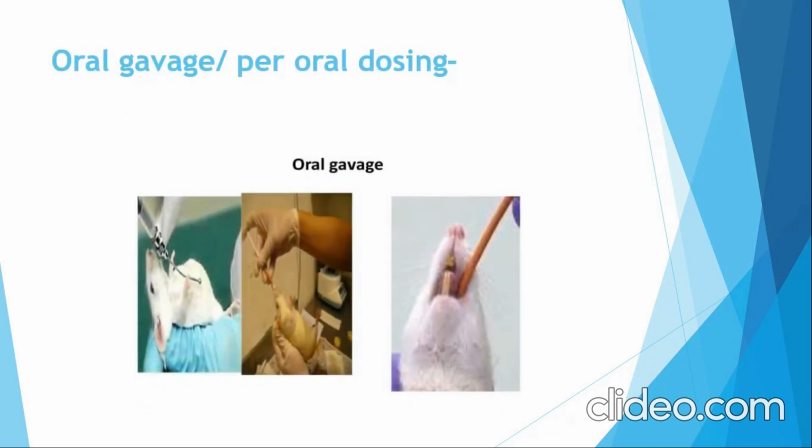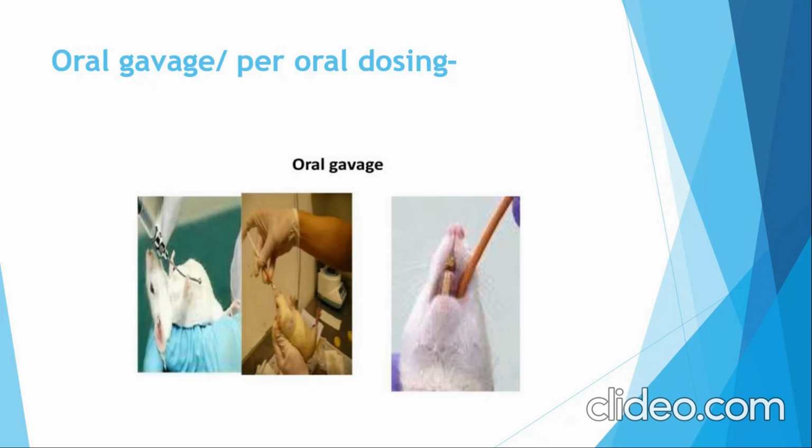For treatment, the drug can be given by oral gavage, which is also called per oral dosing. For that purpose, we can utilize a specialized type of needle called an oral gavage needle, which is connected with a simple disposable syringe.